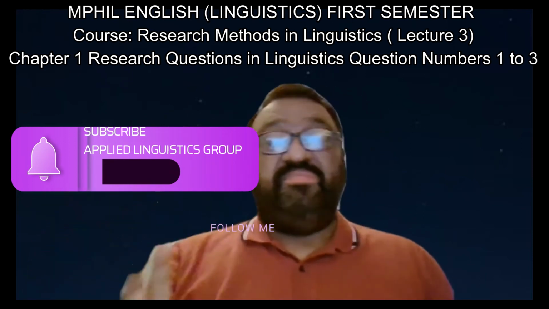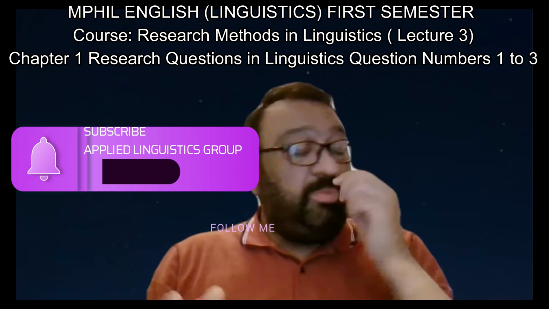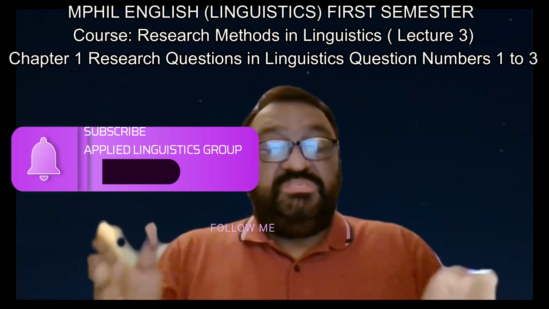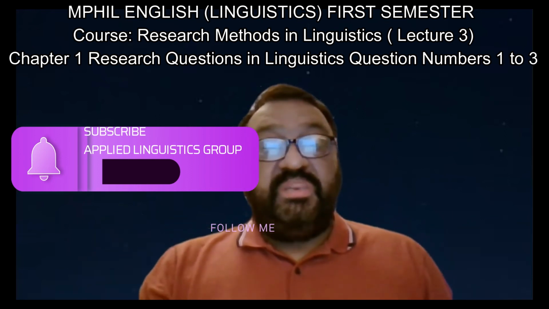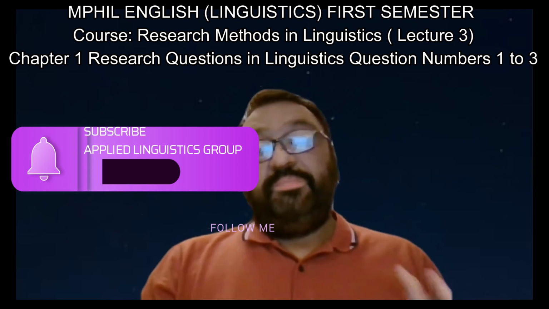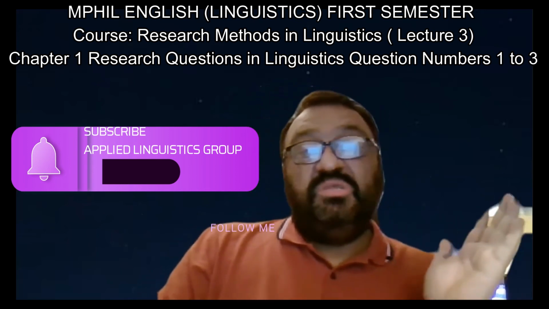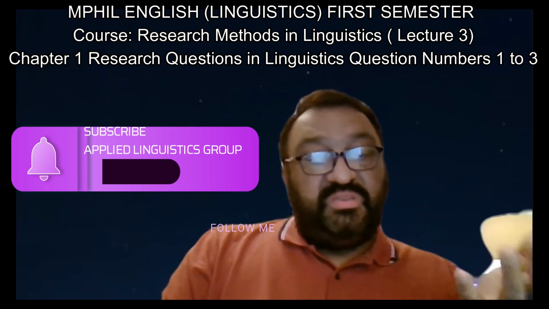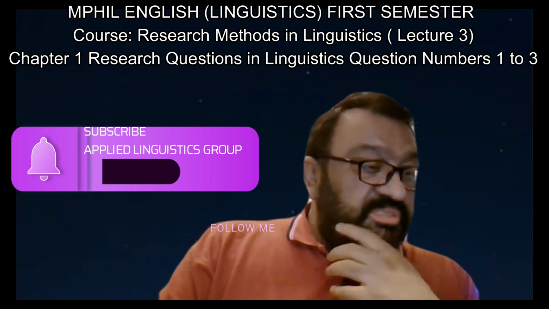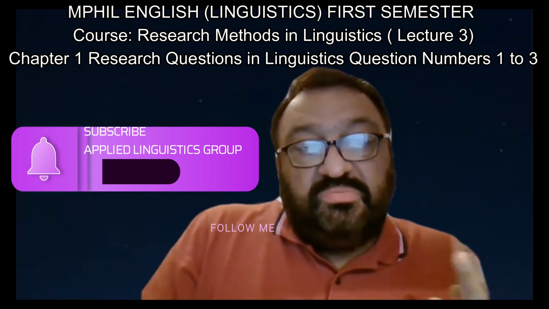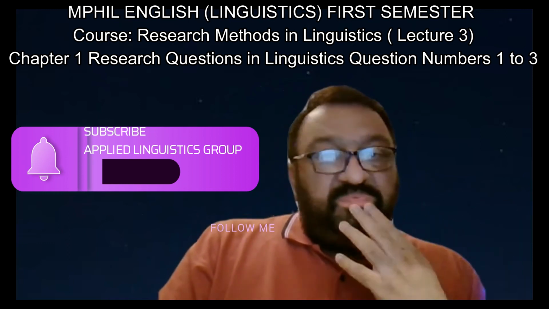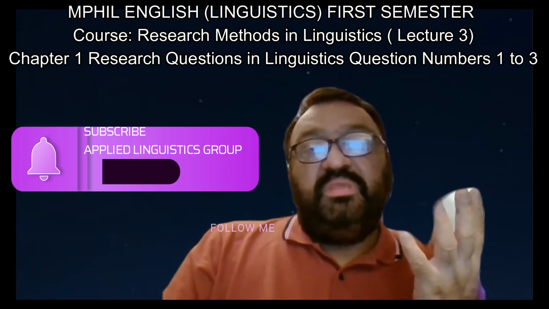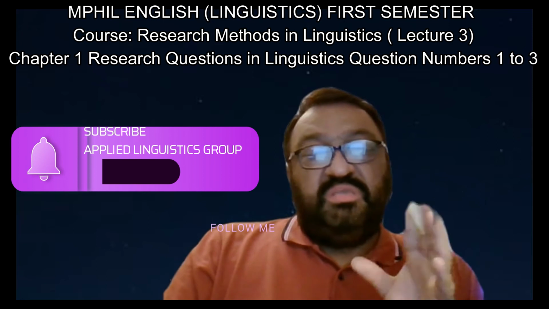Whether it's a PhD research proposal form or an MPhil research proposal form, it's surprising how many novice researchers provide only a topic in the area of language education, applied linguistics, general linguistics, English linguistics, computational linguistics, ethnographic linguistics, or neurolinguistics. So there are many new types of linguistics.